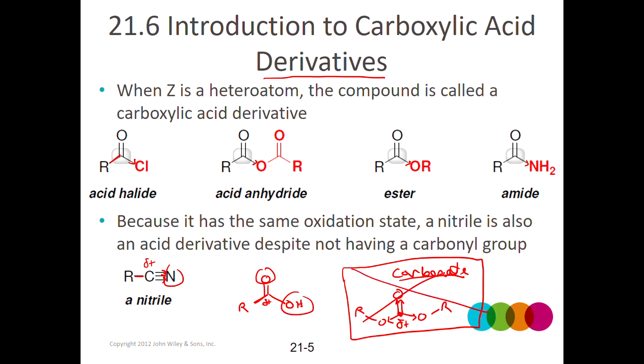So technically this isn't a carboxylic acid derivative, but it undergoes a lot of the same reactions that carboxylic acid derivatives undergo. So it could have been included in this section if they're focusing more on the reactions that they undergo rather than the oxidation number of the carbonyl carbon.